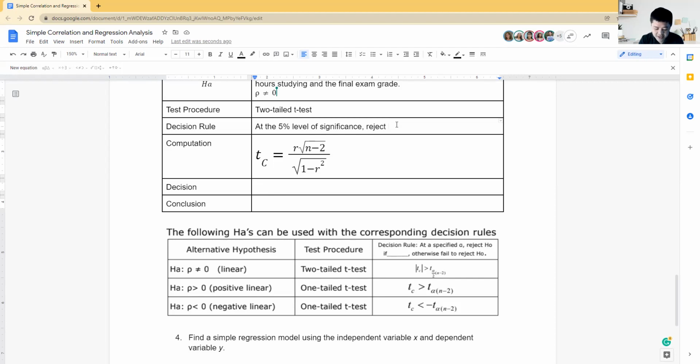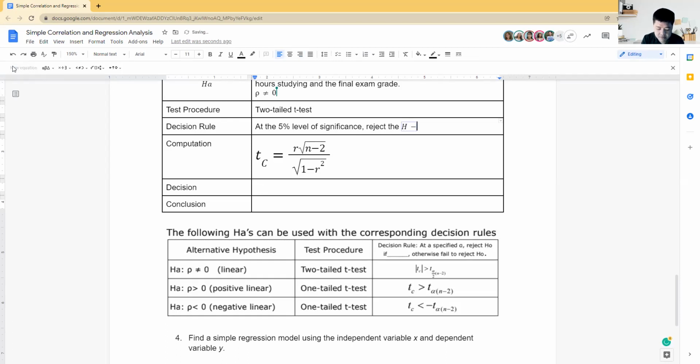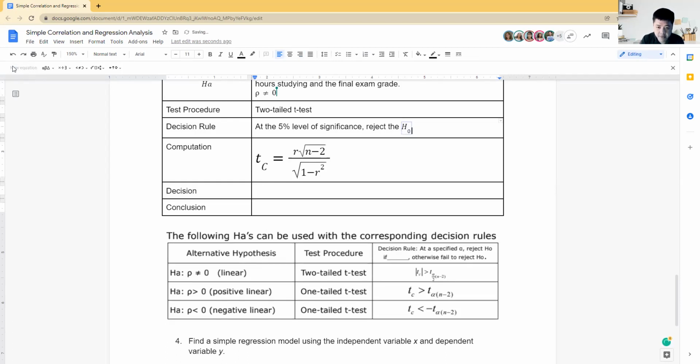Reject the null hypothesis. So you can put H sub 0 here. What will be the condition to reject? Sabi ni Aldea kanina, we'll be using two-tailed t-test. So we'll be having this one.